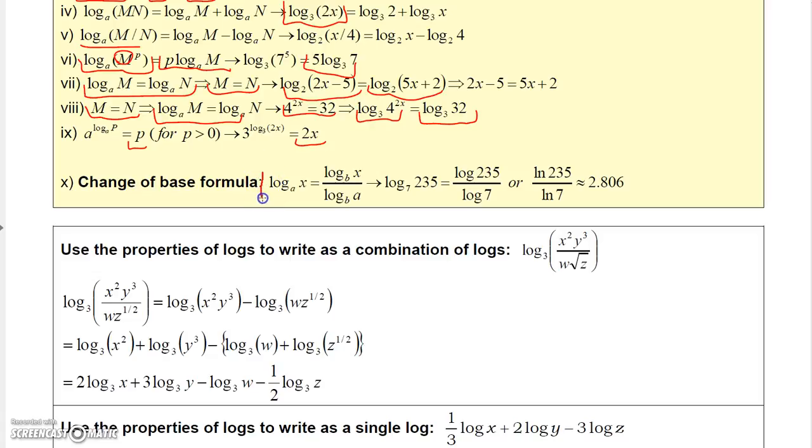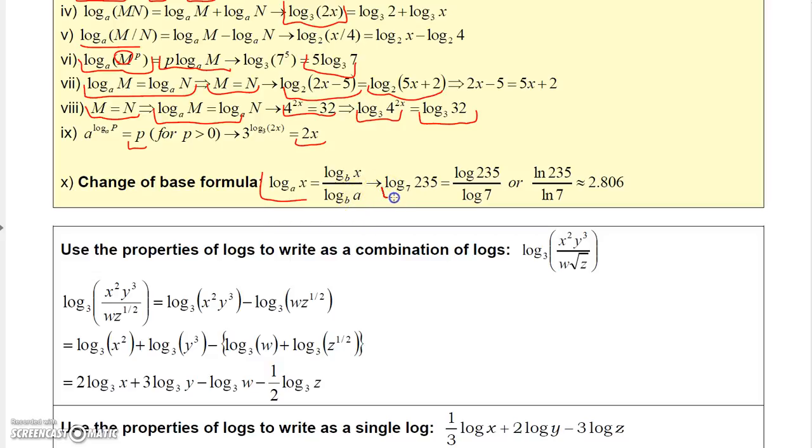Okay, the last property is the change of base formula, and it shows that if you have the log of x base a, you can change it to any base you want: log of x base b over log of a base b. So you can pick whatever base you want, but the log of x has to be on top, the log of a has to be on bottom.